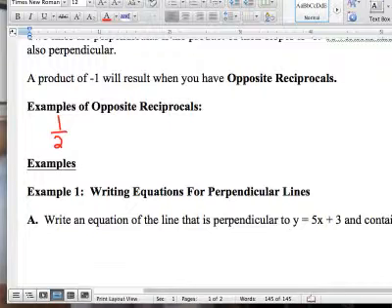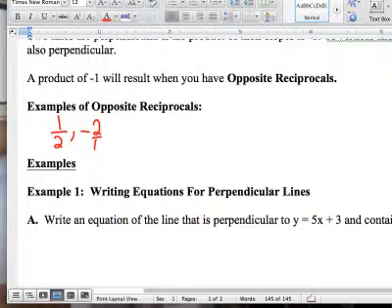I want to find the slope of a line perpendicular to 1/2. We do opposite reciprocal. That means we flip the fraction. Reciprocal means flip the fraction. Opposite means change the sign. So the opposite reciprocal of 1/2, we change the sign to negative and we flip it. So -2/1 would be the opposite reciprocal. So that's what I mean by opposite reciprocal.